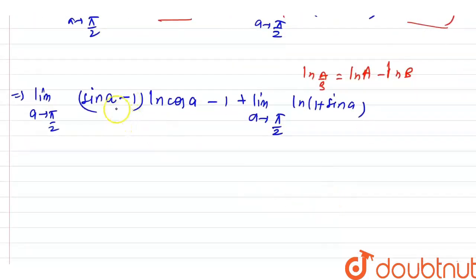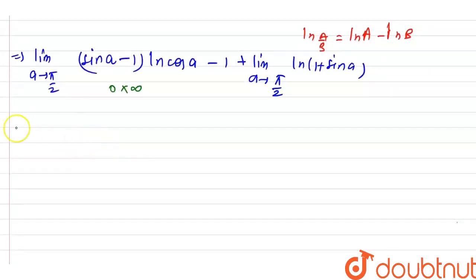Now if you put the limit pi by 2 here, it will be 1 minus 1 is 0, into ln cos a, and cos 90 is 0, so ln 0 is infinity. So infinity into 0 is an indeterminate term, so we have to solve this by L'Hopital rule.